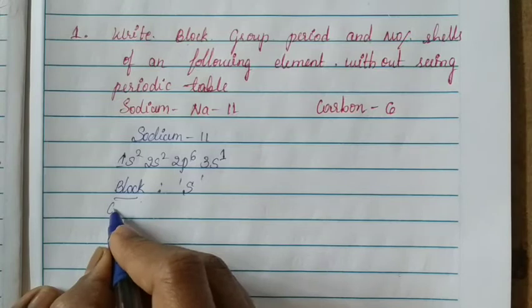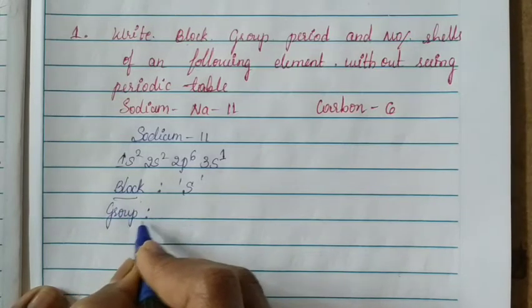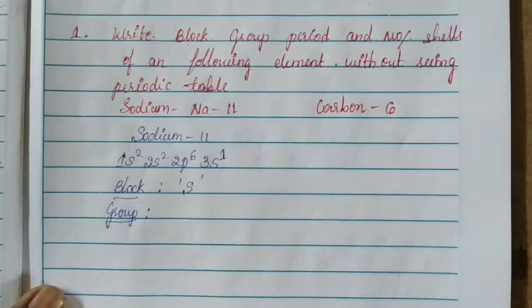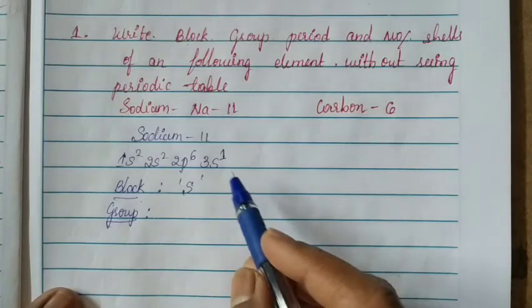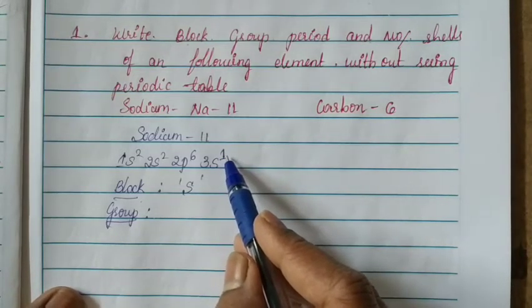And next, now come to the group. Look at children, you know that there are 18 groups. Among these 18 groups, the S block comes under the first and second groups. The P block comes under groups 13 to 18. The D block elements come under groups 3 to 12. Now let us see the group. How many valence electrons are there here? 1.